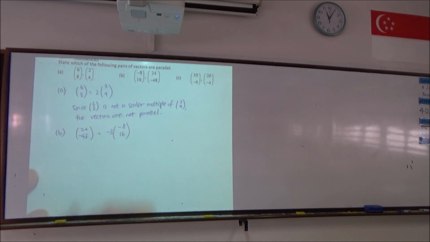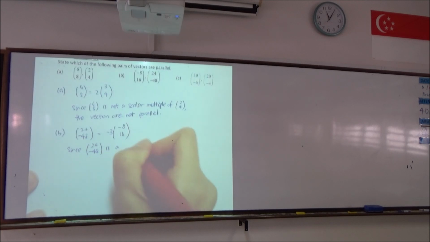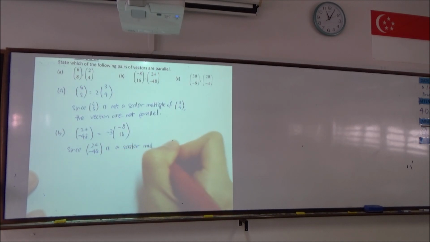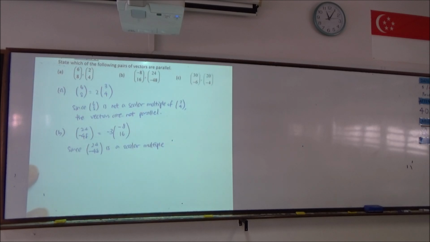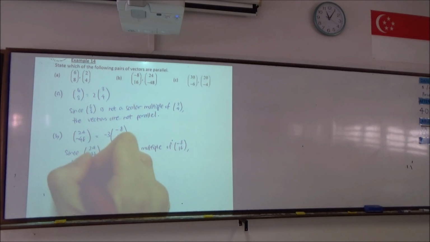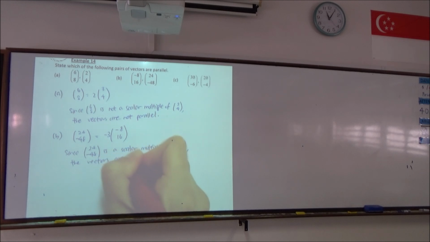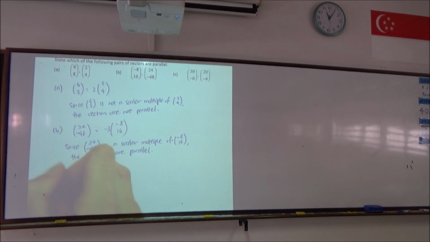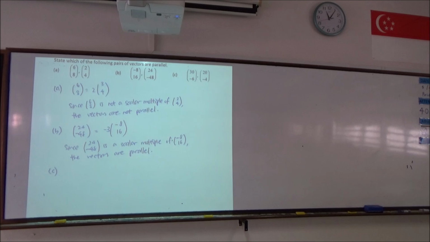For negative 8, 16. So since the vector 24, negative 48 is a scalar multiple of negative 8, 16, the vectors are parallel. Next, negative 6 and 20, negative 4.